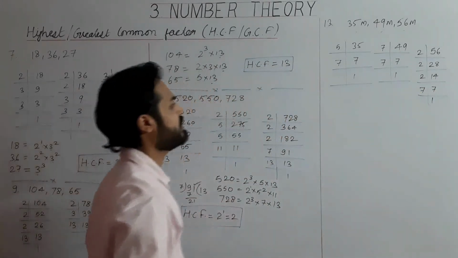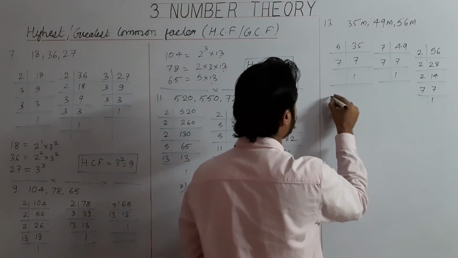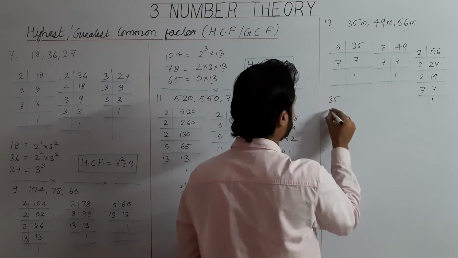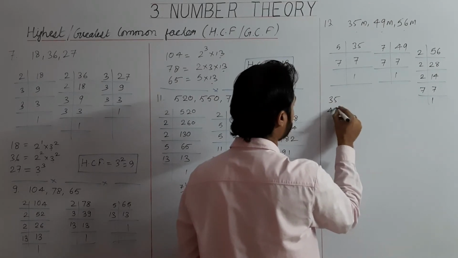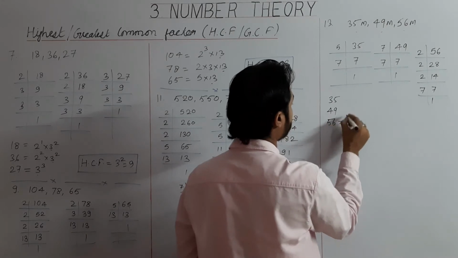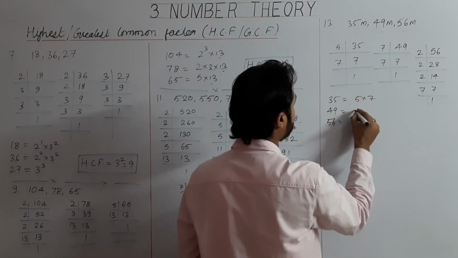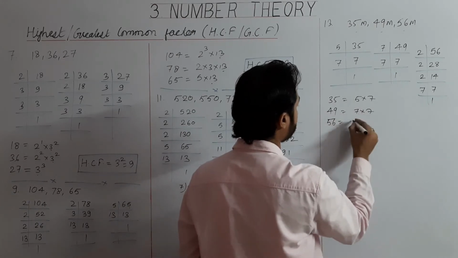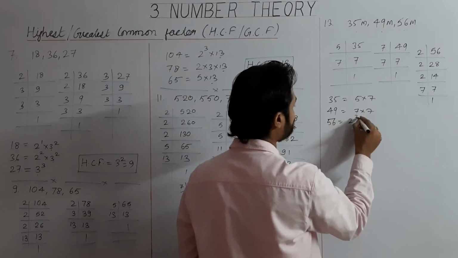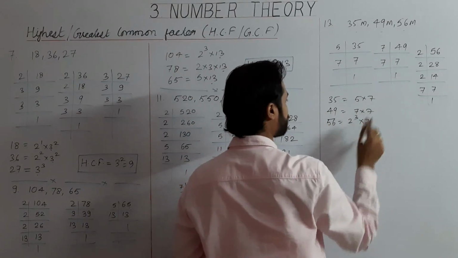So these are the factors. Now, to find the HCF, first we'll write the factors of these three numbers. 35 is 5 into 7, 49 is 7 into 7, and 56 is 2 to the power of 3 into 7.